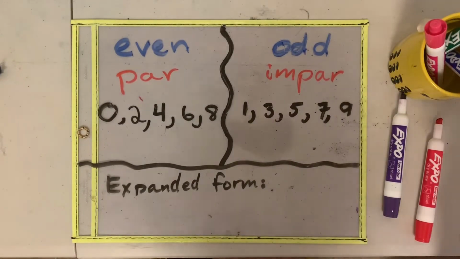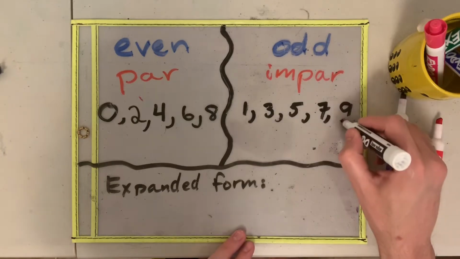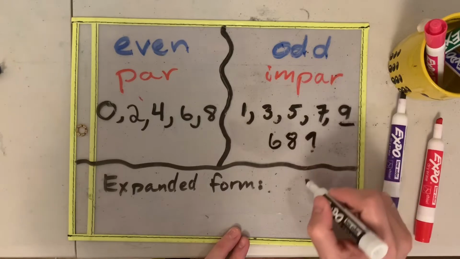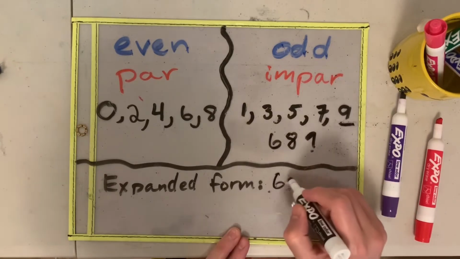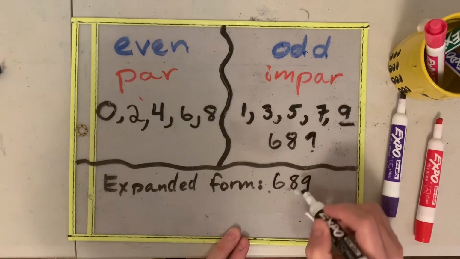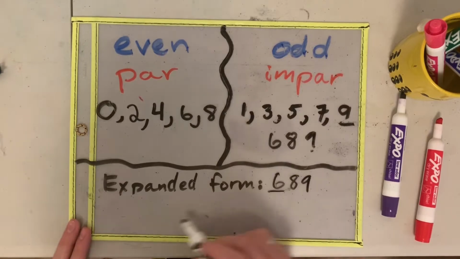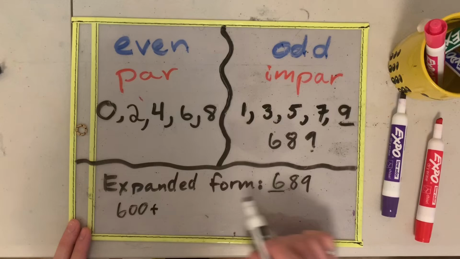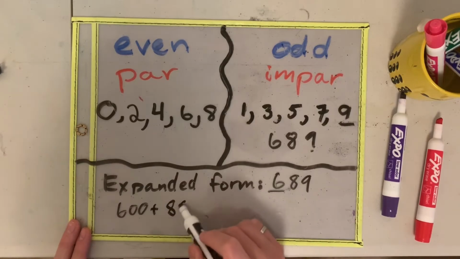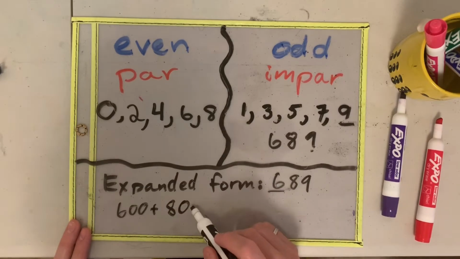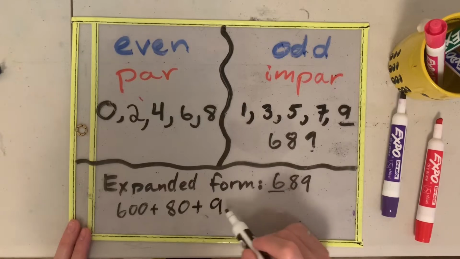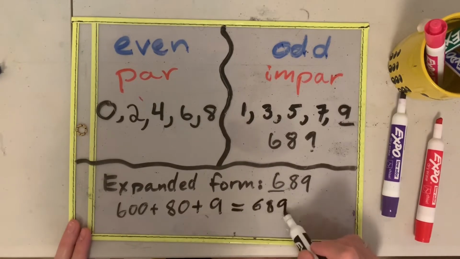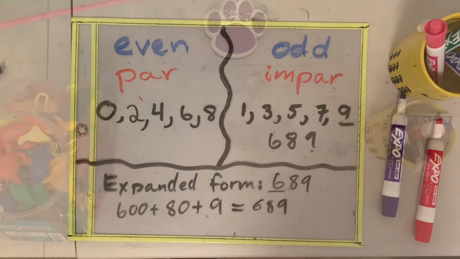It finished with 9, so this means that it's odd. On expanded form, the number 689, we need to remember 6 equals 600, plus 8 tens equals 80, and 9 ones equals 9. So this is the answer, 689 in expanded form.